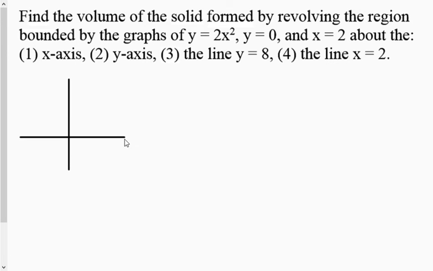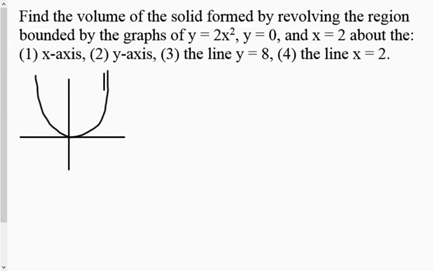So first thing I'm going to do is sketch this. Again, I'm big on what does this look like. Well, 2x squared looks just like x squared. It's just been stretched vertically. So it's going to be a parabola like that. Y equals 0 is the x-axis, and x equals 2 would go through here. So let's see here. X equals 2 would be over here, huh?